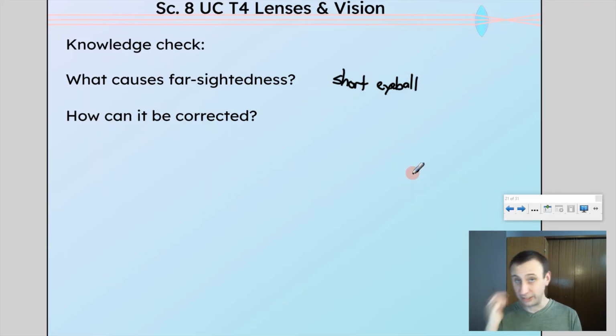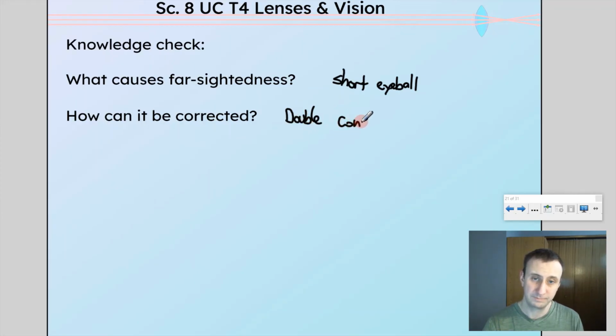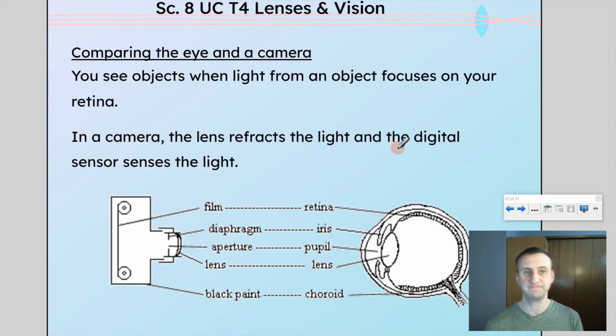How can it be corrected? With a double convex lens. Converse convention, double convex lens, which converges the light so that the light rays can meet up a little bit sooner on your retina, allowing you to see.